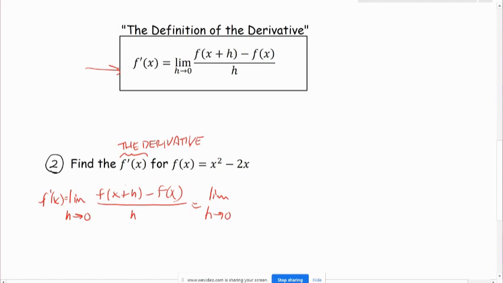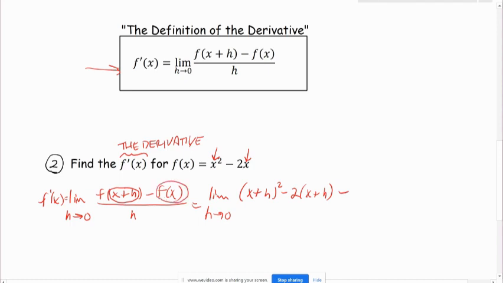And so then when I substitute x plus h in place of this x and this x, that's going to be x plus h squared minus 2 times x plus h minus f of x.